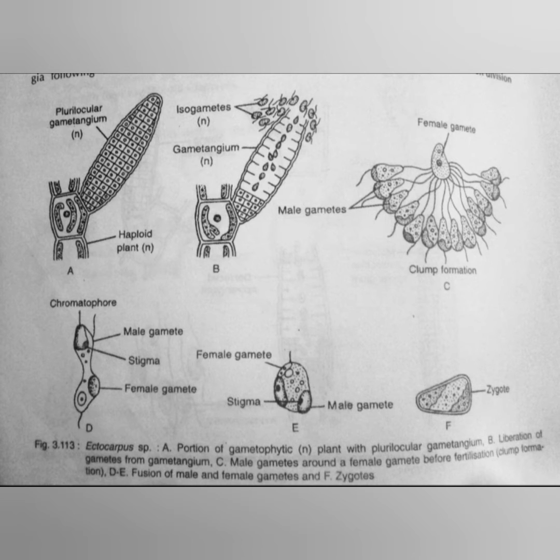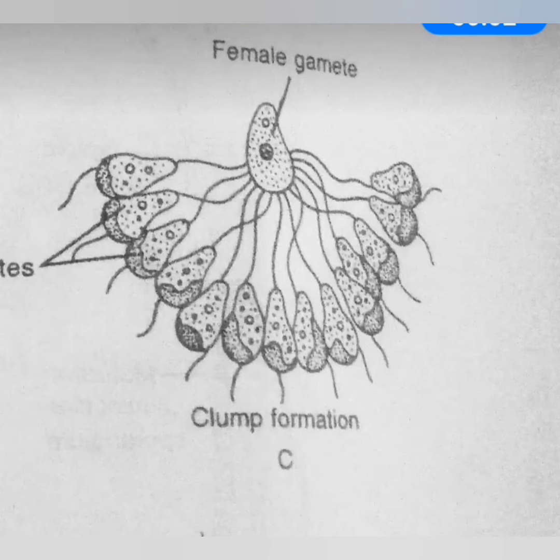Now we will take a look at fertilization. Next, here in figure C, you can see what happens during fertilization. The majority of the species of Ectocarpus show physiological anisogamy. But morphological anisogamy is observed in some species only, such as Ectocarpus secundus.